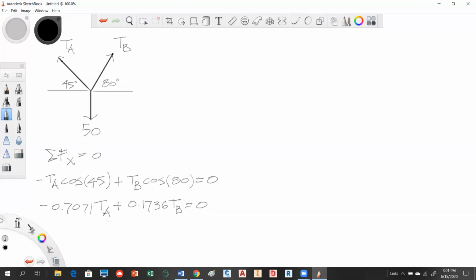What I'm going to do is write this in terms of A. So I'm going to bring this guy over. We're going to divide through by the 0.7071.